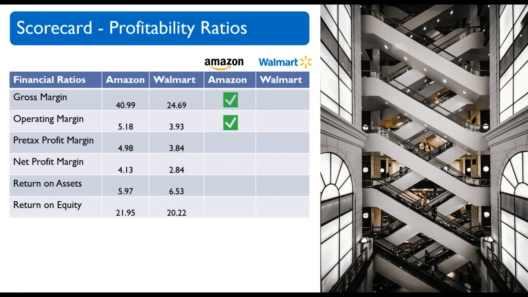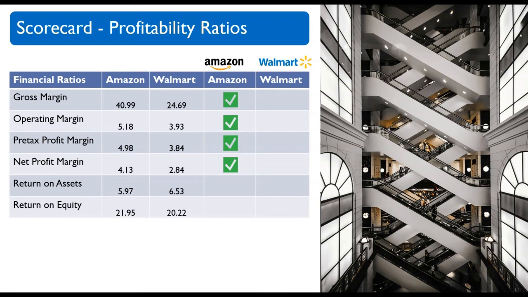We then calculated the pre-tax profit margin ratio, which was 4.98 for Amazon and 3.84 for Walmart. And finally, we calculated the net profit margin ratio for Amazon and Walmart, which was 4.13 and 2.84 respectively. So again, the advantage goes to Amazon. Next, we calculated the return on assets ratio for both Amazon and Walmart.